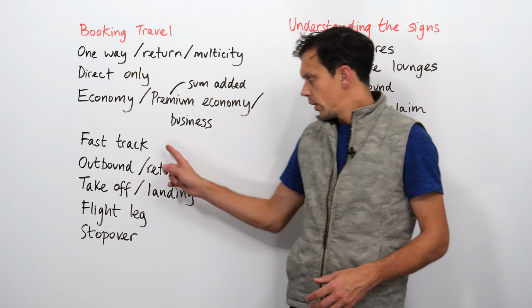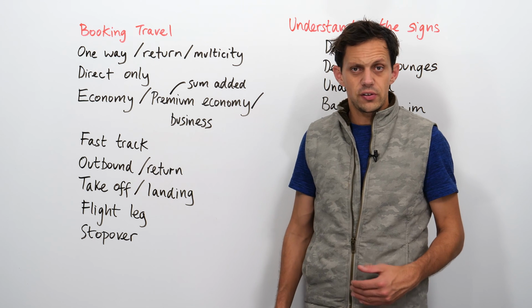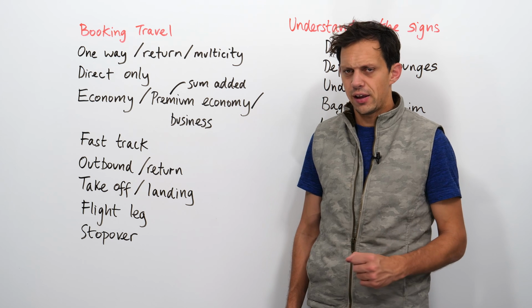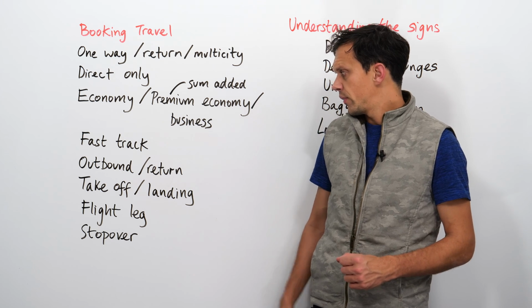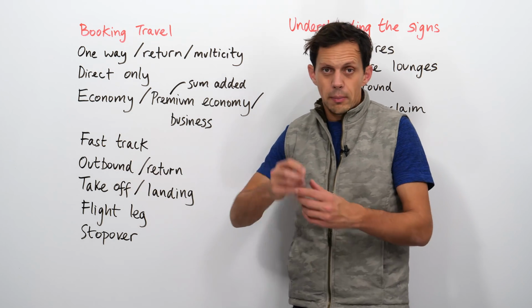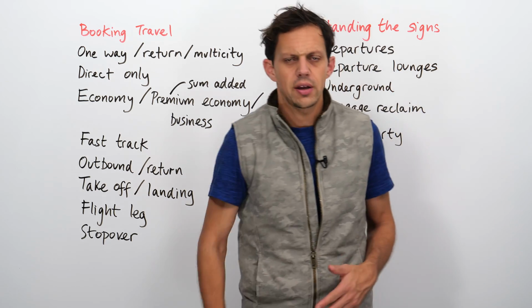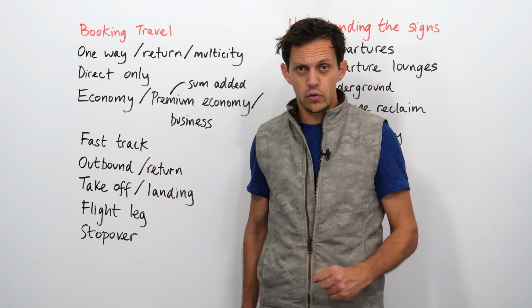Okay. Now, if you're someone that does not like to queue, to stand in line, as people say in America, then you might want to pay extra to fast track so that you can avoid the queues.